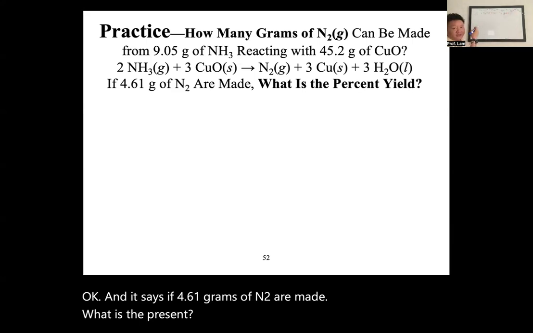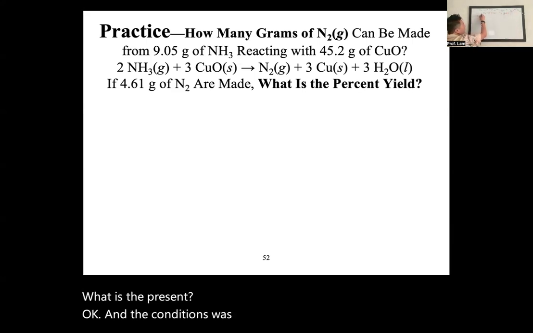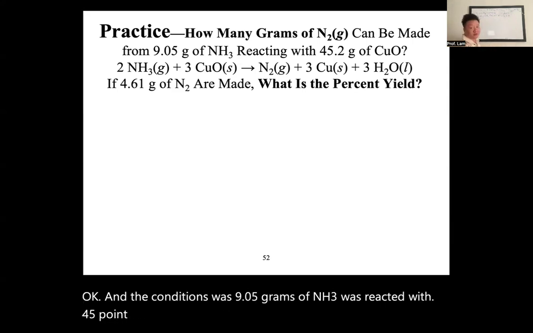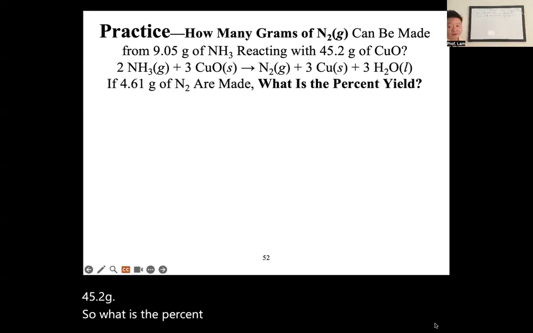Okay, and the conditions was 9.05 grams of NH3 was reacted with 45.2 grams of CuO. So what is the percent yield? Okay, so here we go.